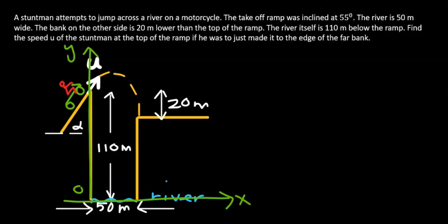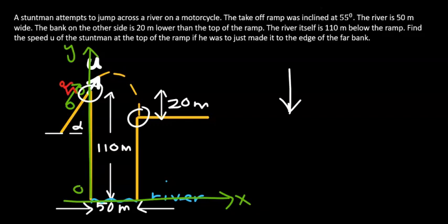While the stuntman is in motion from this point to that point, he is under the influence of gravity. So while this is a two-dimensional motion, he's moving both in the direction of the x-axis and also along the y-axis. The acceleration is purely vertically downward, namely along the direction of the minus y-axis.